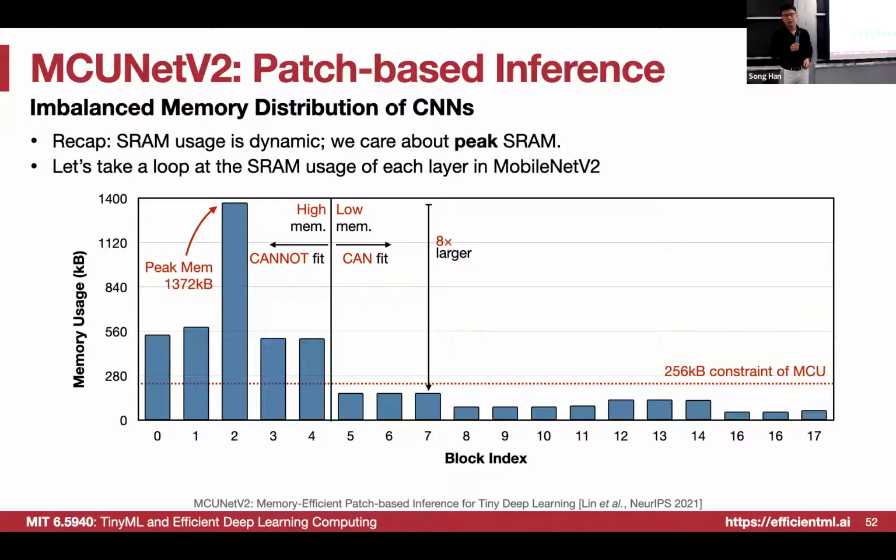What is the reason this early layer has such a large peak activation memory? Maybe larger kernels? Actually, it's the larger resolution. They all use 3x3 kernels. So activation matters to the SRAM usage.